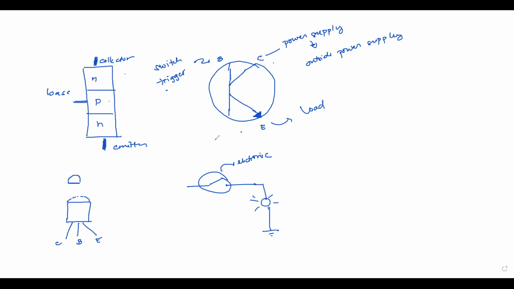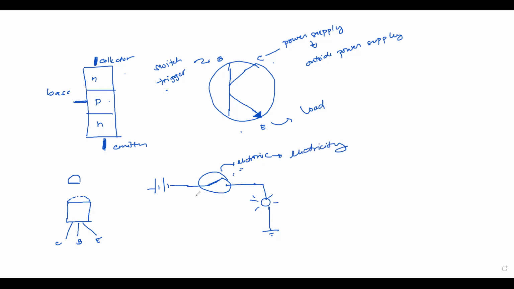On a typical scenario, your transistor here, like I said, works as a switch. Why do we need this kind of switch if we just have an on and off button? You have to remember that this switch right now is being triggered by electricity.